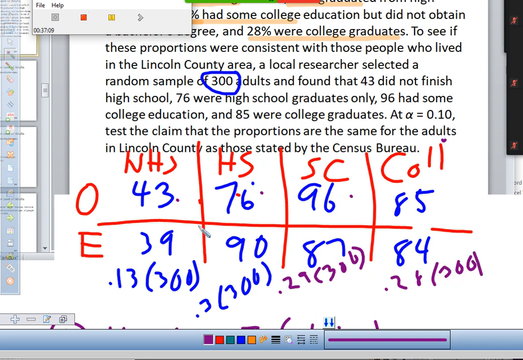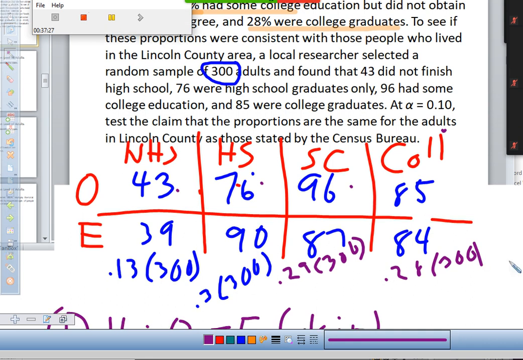So now compare: if I expected 13% of these people, I expected 39. Does that make sense? I expect about 30% of them, about 90 of them, will be high school graduates. So that's where those numbers come from.